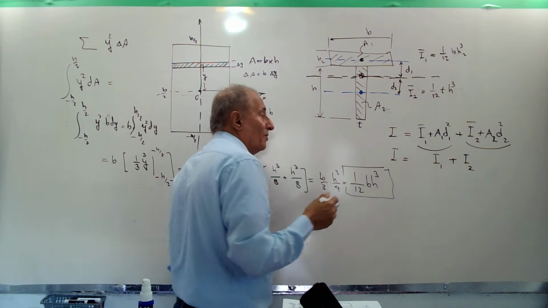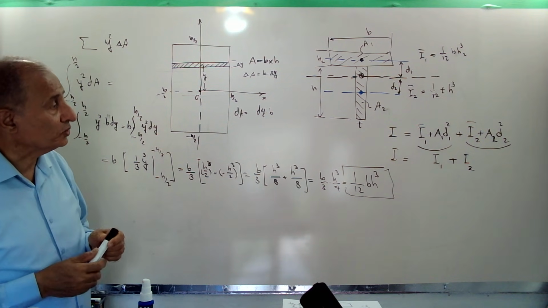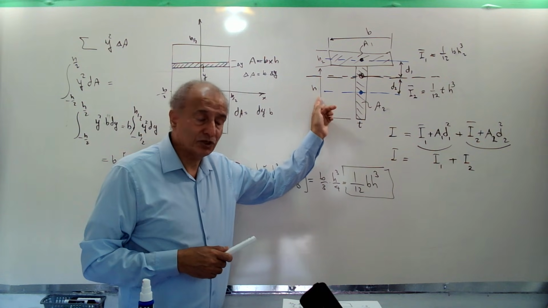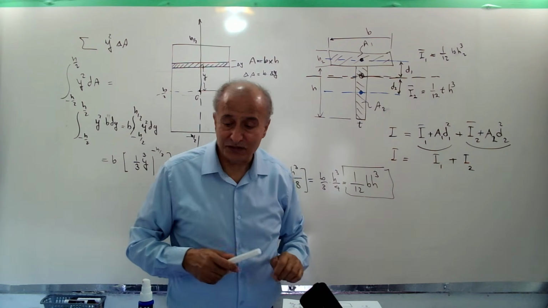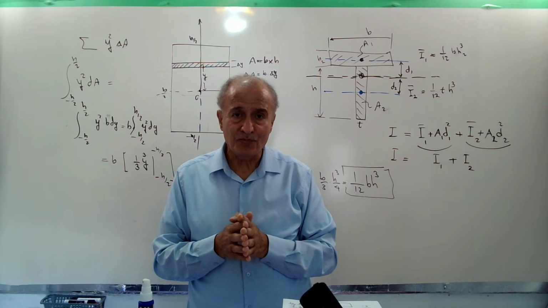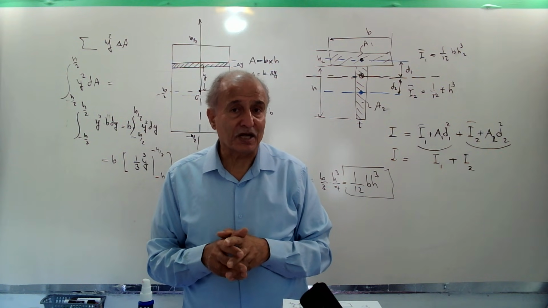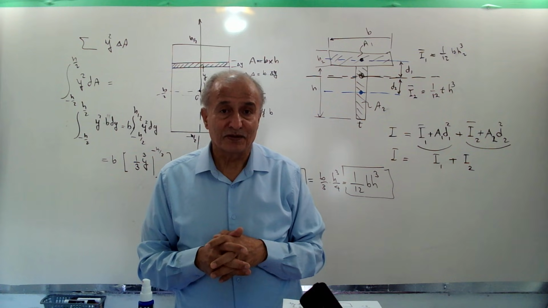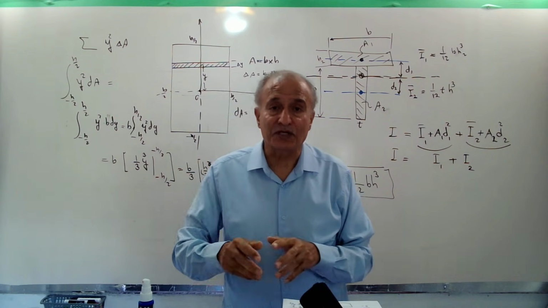Then A1 is equal to b times h2, and I2 is equal to t times h, and you must have these distances as well. This is how to calculate the moment of inertia of the cross section of a beam, which you need for the formula to calculate bending stress in beams. Thank you for watching. See you in the next video.